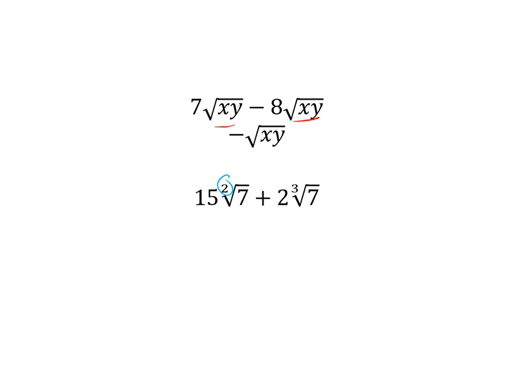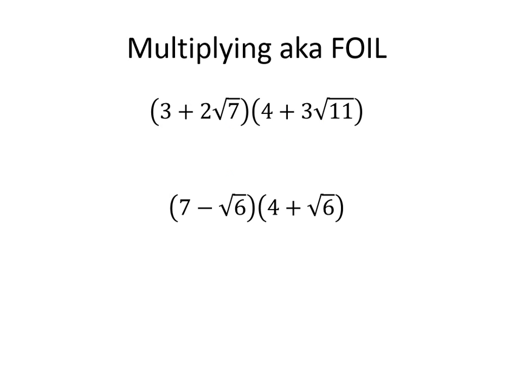Since the index, or the root we're taking, is different, we cannot combine them, so we leave it as is. If the radical parts are not the same in two separate terms, we cannot combine them. We leave them separate.